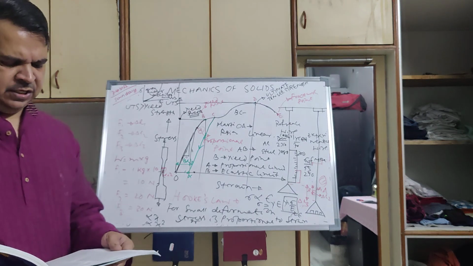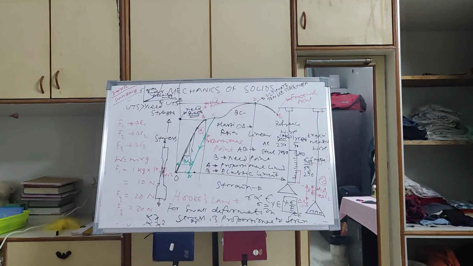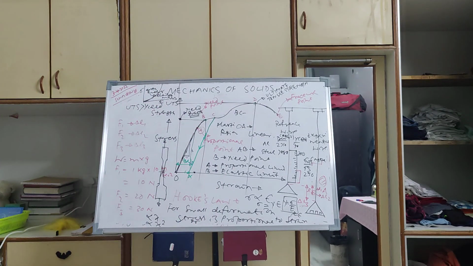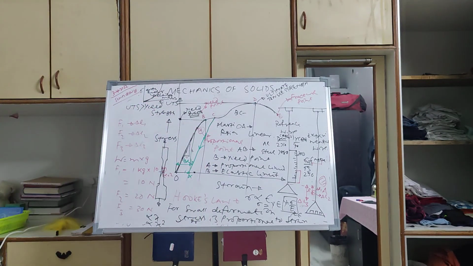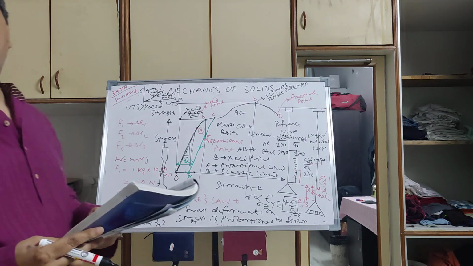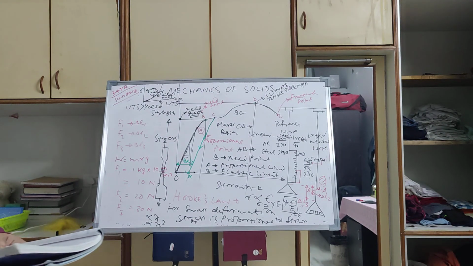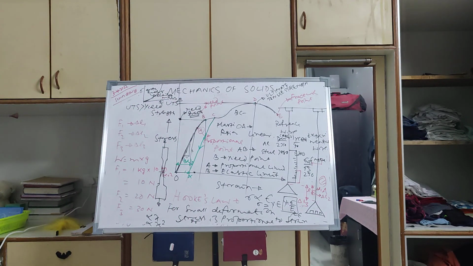We will discuss Poisson's ratio, then potential energy when a wire is being stressed, and applications of elastic behavior of material, for bending and buckling, what kind of properties are required, what are the different types of load, and how different types of columns are used when designing bridges. A few numericals also we will solve. Today we have completed the stress strain curve and the significance of each term, which is good enough at this stage.